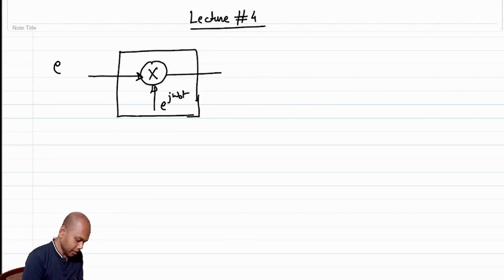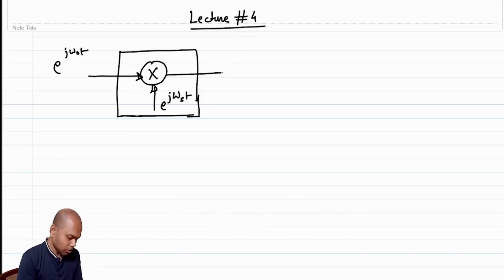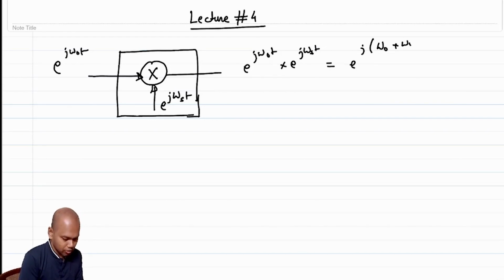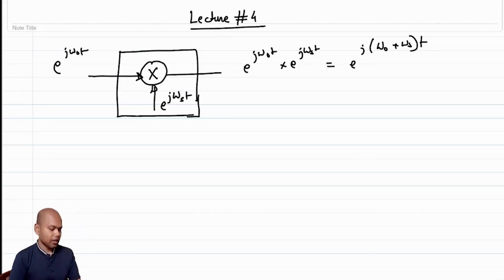Let's say your input is e to the power j omega naught t, and when it goes inside the system, it gets multiplied with some other complex exponential, let me call it e to the power j omega s t. So the output is naturally e to the power j omega naught t times e to the power j omega s t, which is e to the power j omega naught plus omega s, t.